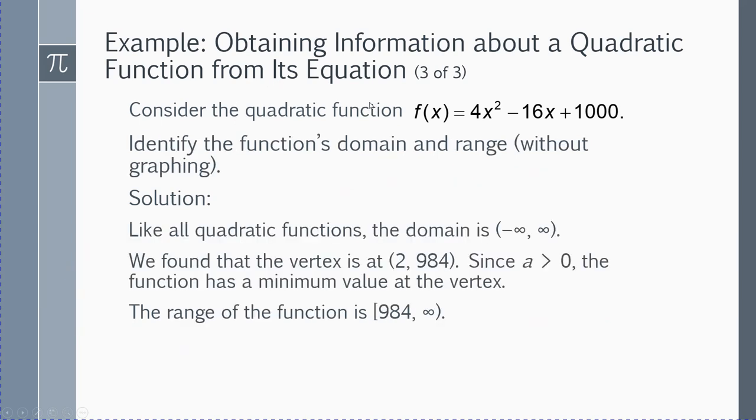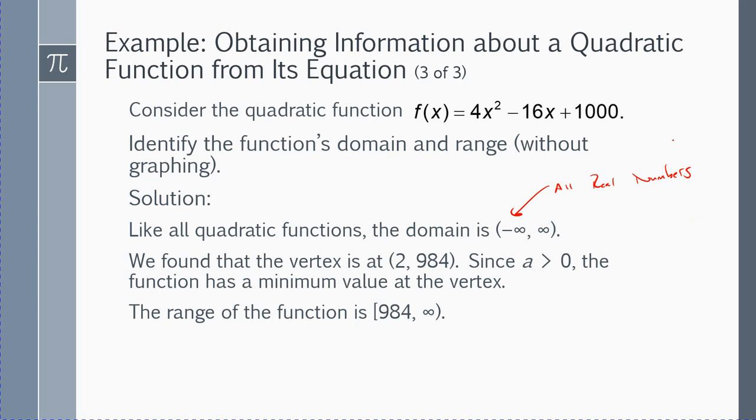What's really cool from this is now we can identify the function's domain and range. And so for all quadratic functions, the domain is all real numbers, okay? So it's from negative infinity to infinity. So we found the vertex. Okay, so the vertex is the point 2, 984.